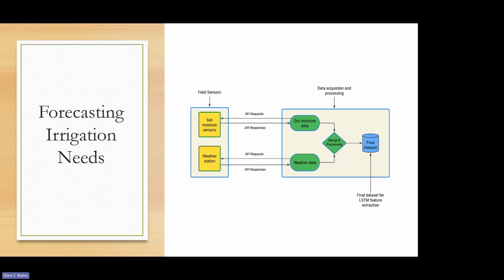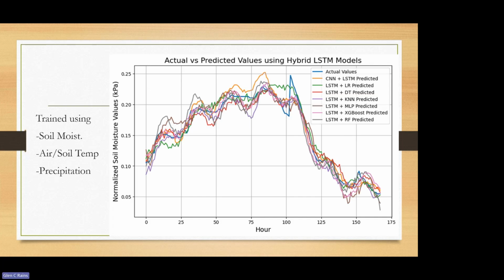This is just showing the data set that we created to extract features using LSTM that we then feed into a predicting model, in this case XGBoost, and predict what the soil moisture is going to be over the next, say, 7 days, so that you can see, based on that prediction and the weather forecast, whether or not you should plan to irrigate or not.